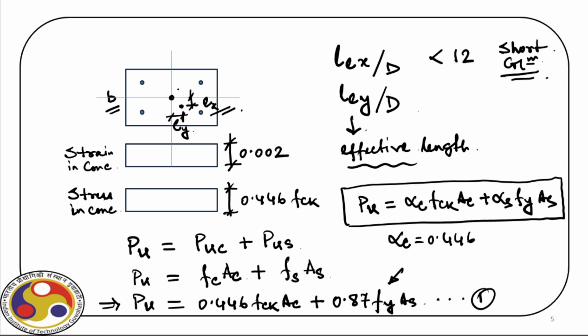Now, when we design a column, first we will learn how to design this column against an axial load, but even for that, we will design it for a minimum value of eccentricity.